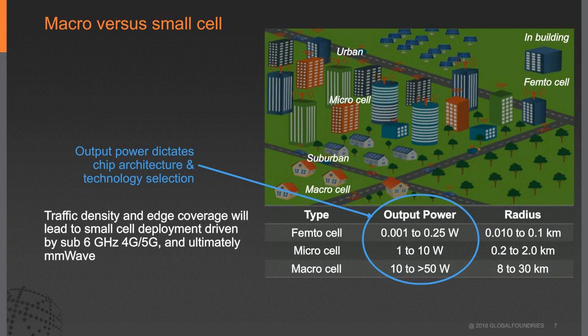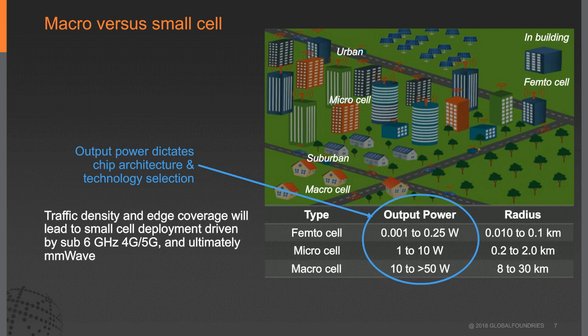Picocells have greater capacities and coverage areas, supporting up to 100 users with a range of up to 200 meters. Picocells are frequently deployed indoors to improve poor wireless and cellular coverage within the building, such as an office floor or a retail space. They have an output power of 1 watt.